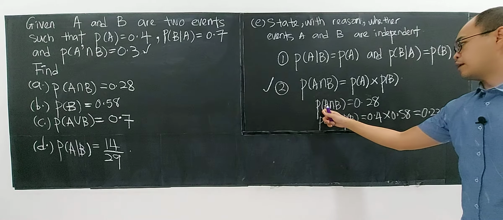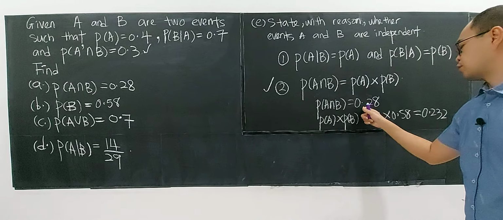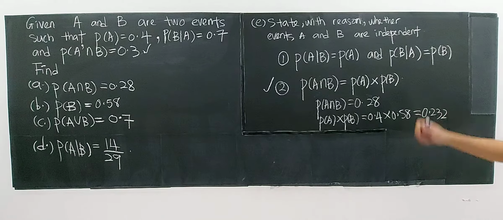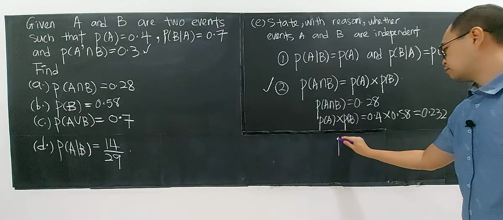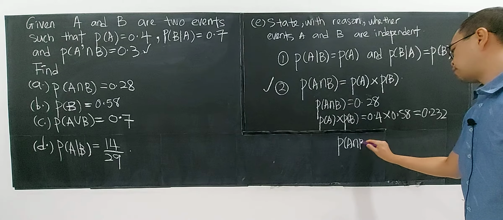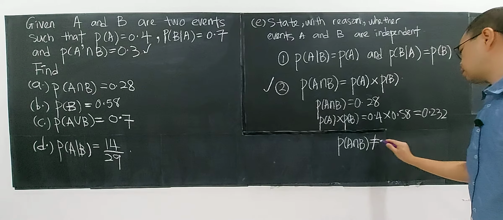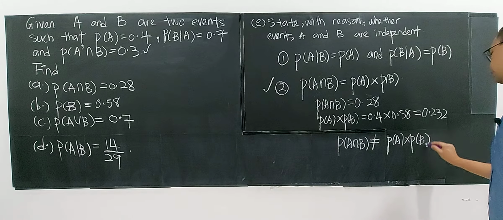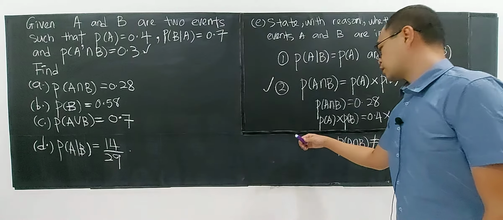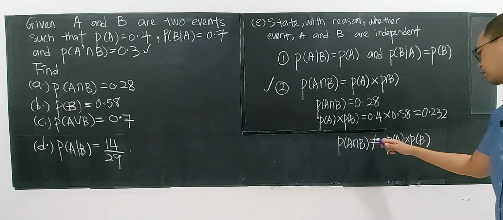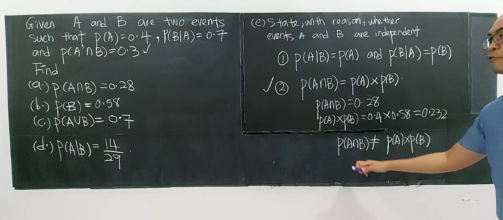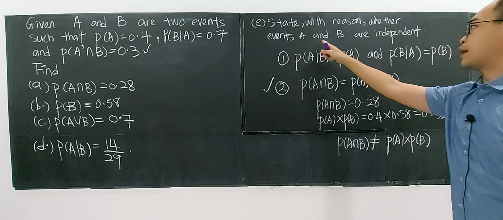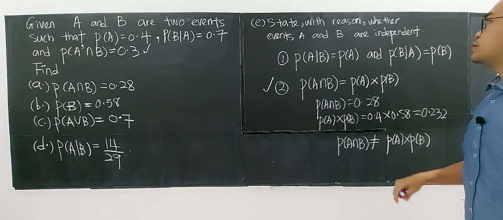You look at here, the probability of A intersect B is 0.28, but the probability of A multiplied by the probability of B is 0.232, which is not equal. Since the probability of A intersect B is not the same as the probability of A multiplied by the probability of B, therefore events A and B are not independent, or we say they are dependent.